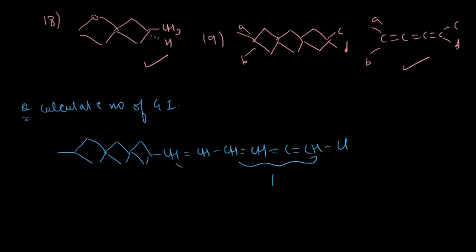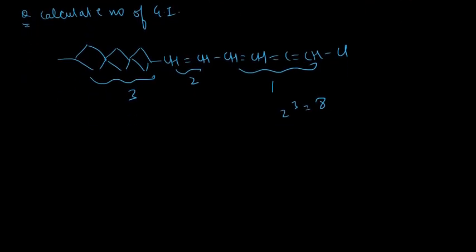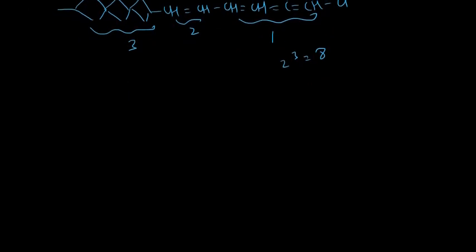This is 1, this is 2, and this is 3. We have 3 equivalent double bonds. So it is actually 2 to the power 3 equals 8. Right, so this type of question could arise. Now we're gonna look at this through the double bond. Okay. Now the question is which will show GI.